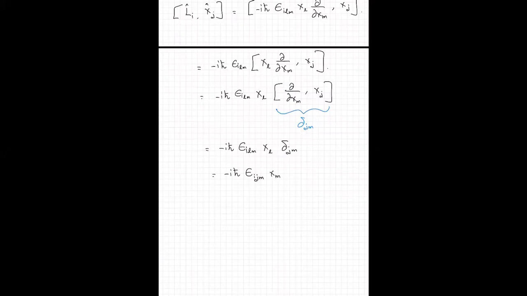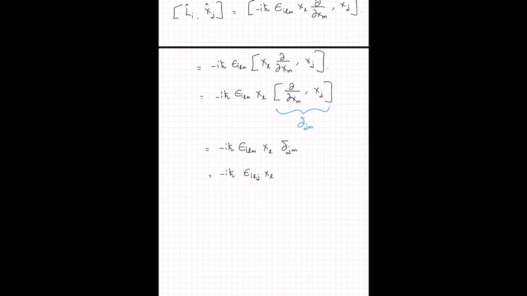Now, if I switch the indices j and m, I have to take a minus sign because the epsilon is antisymmetric under every index. I made a mistake here, forgive me. So this is equal to minus i h bar. The delta function forces m to be equal to j, so this is epsilon ilj xl.